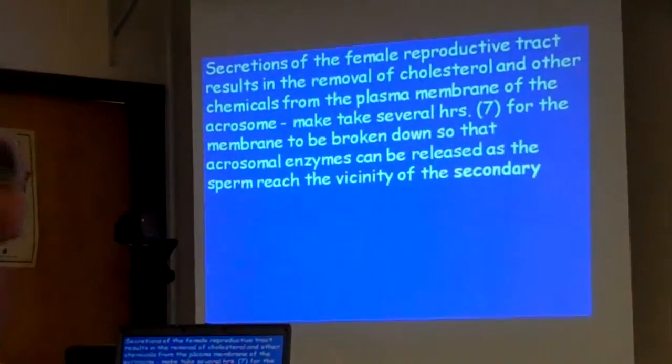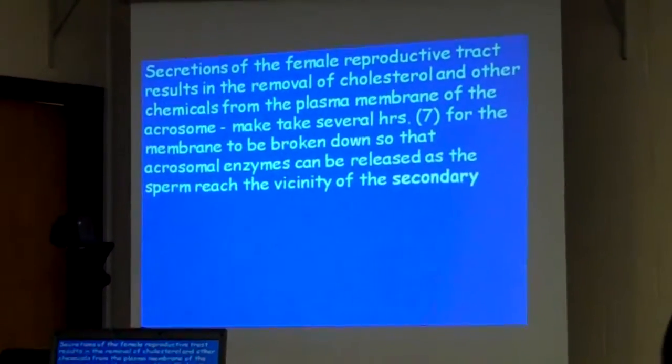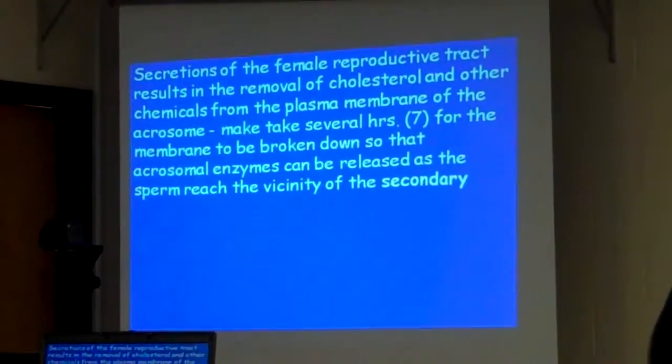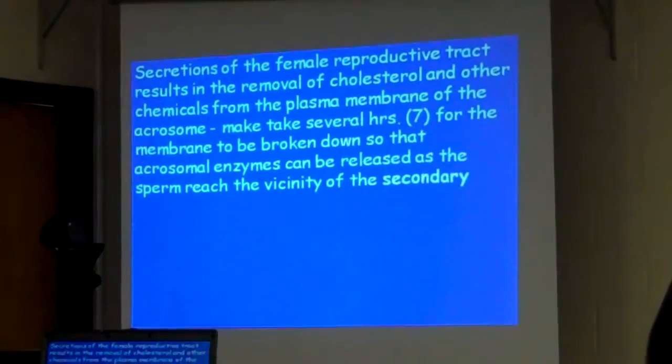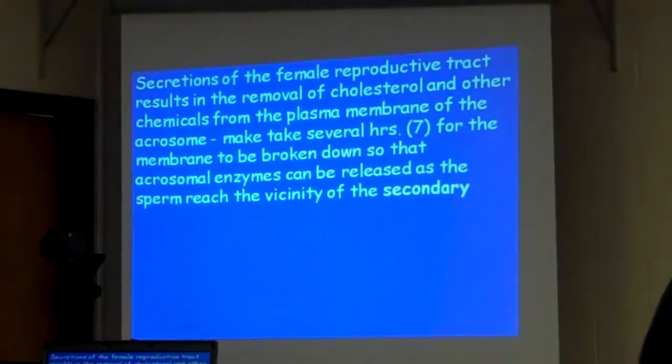All right, now, right here. Secretions of the female reproductive tract result in the removal of cholesterol and other chemicals from the plasma membrane of the acrosome. It may take several hours, say 7, for the membrane to be broken down so that the acrosomal enzymes can be released.